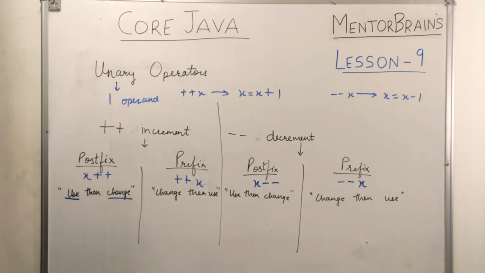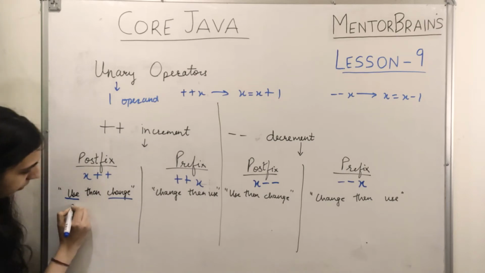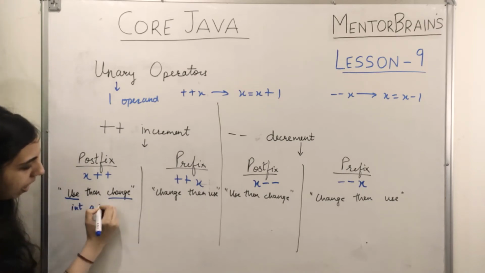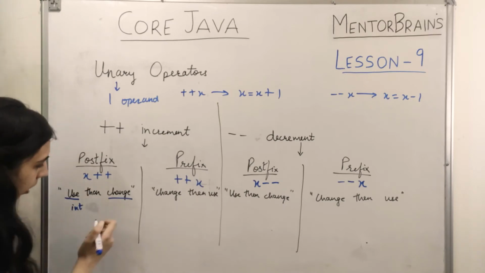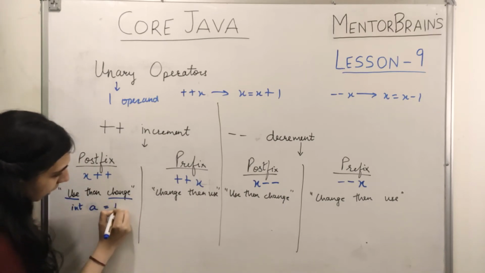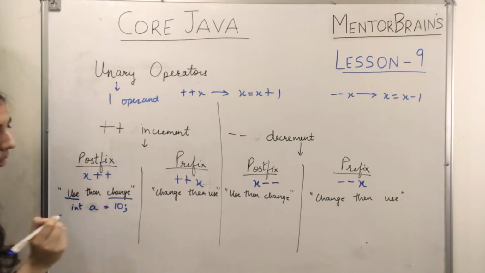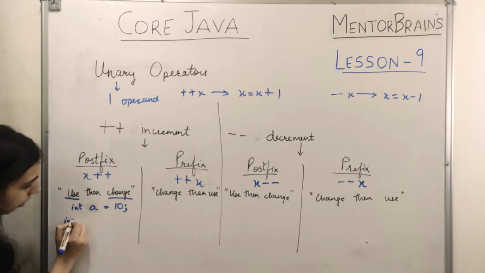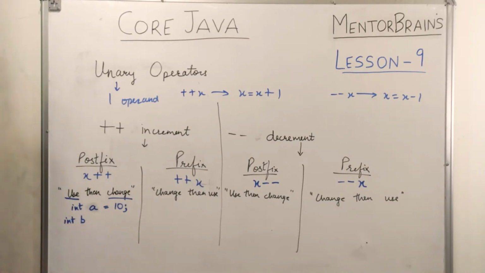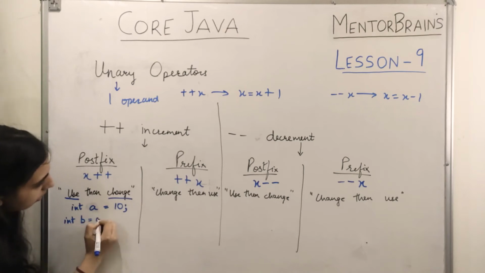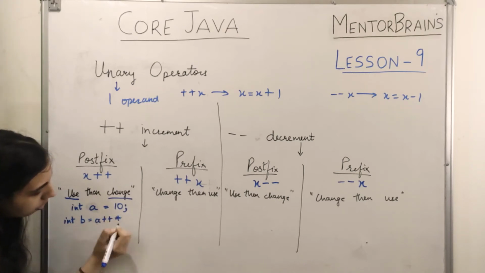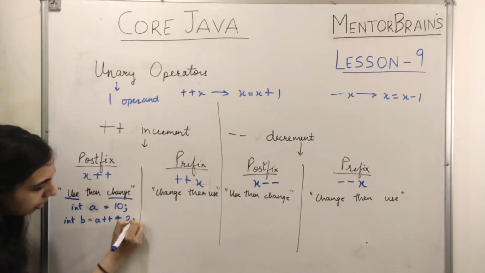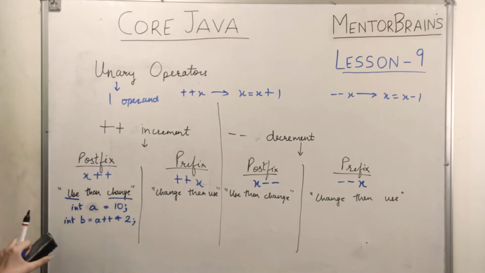I'll tell you how. For example, first you have int a equal to 10, and I'm taking another variable named b, which is a plus plus into 2. This is the multiplication sign, and 2. So these are my two statements.